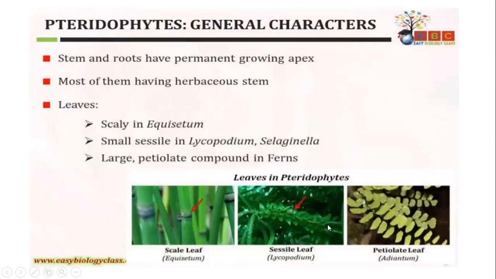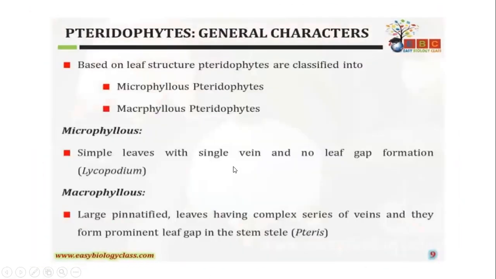You can look at this picture here. This is a Lycopodium. It has microphyllous leaves. The leaves are very small, sessile, and arranged very close to each other without any gap between them. So these are called microphyllous pteridophytes.